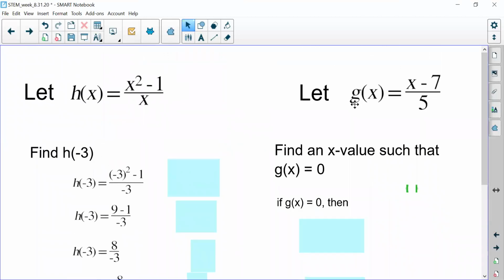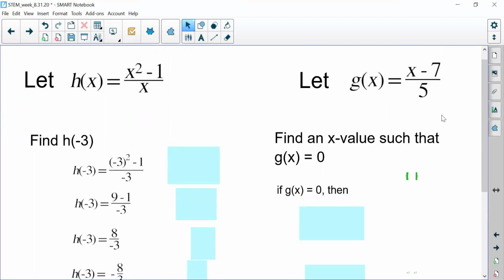Here's another one, g of x equals x minus 7 divided by 5. This one's a little bit different. I want to find an x value such that g of x equals 0. Well, I know g of x equals x minus 7 divided by 5.